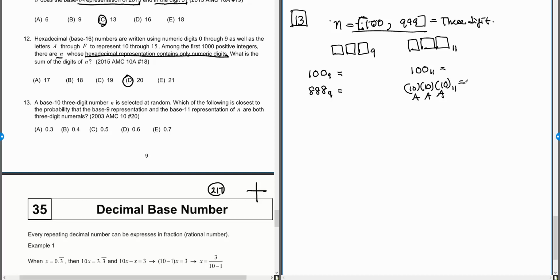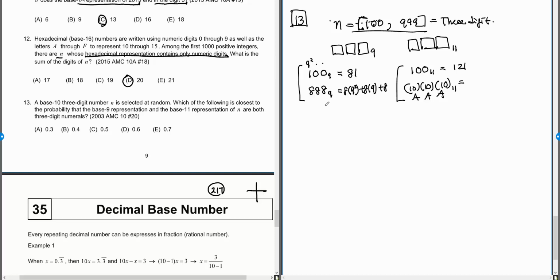Now let's find these in base 10. This is 81, isn't it? 9 squared is 81, all the others are 0. For base 11, 11 squared is 121. Now let's find the largest: 8 times 9 squared plus 8 times 9 plus 8.